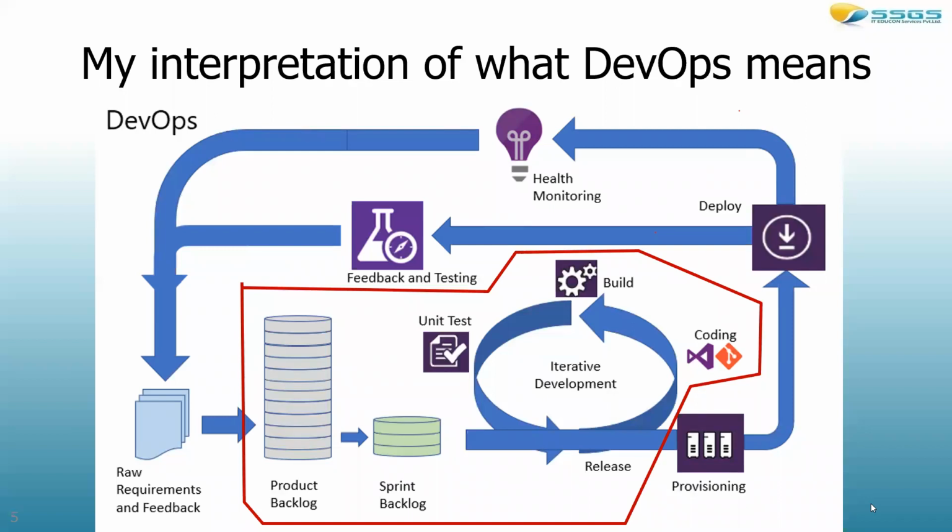What I say is that DevOps encapsulates, or brings under the entire umbrella of agility, all these things, including the provisioning, deployment, health monitoring, feedback, testing. All these aspects of the delivery of the software are also brought under the umbrella of Agile, and that becomes DevOps.